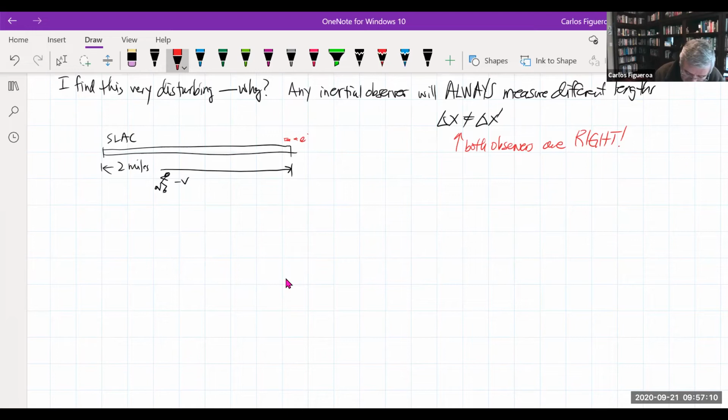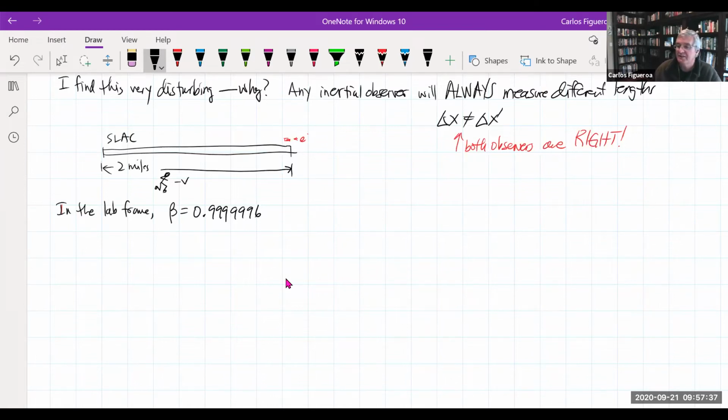In the lab frame, what I know here is that beta is 0.99999996. That's the speed of light that the electrons effectively move at.